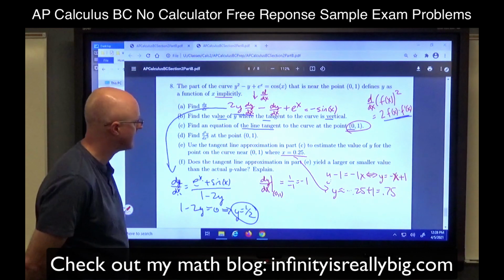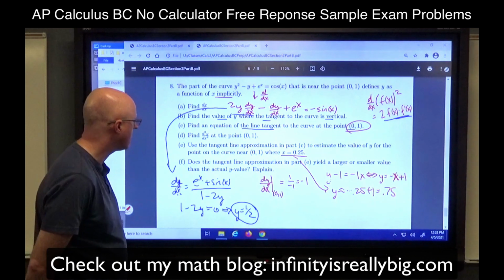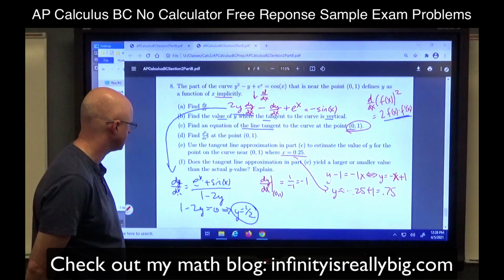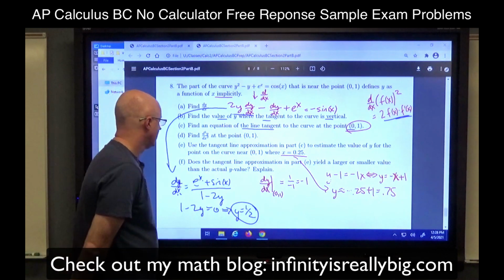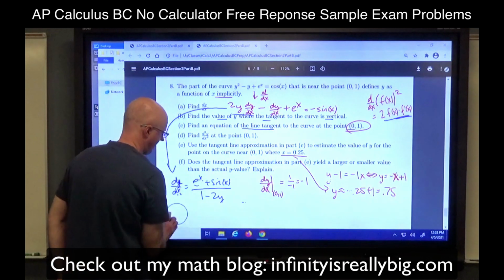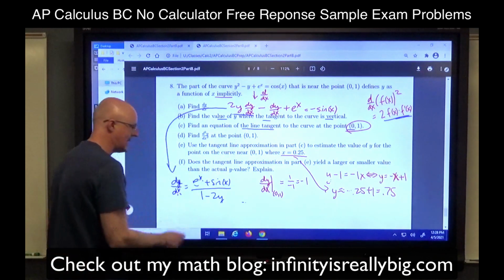On part E, we're trying to estimate whether it's too big or too small. And for that, we need part D as well. What do I do for part D? There's dy/dx.